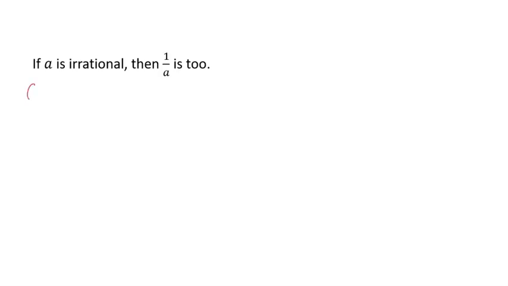So for my contrapositive statement for that, we have to look at the types of numbers. So if 1 over a is rational, that means that a is also rational.